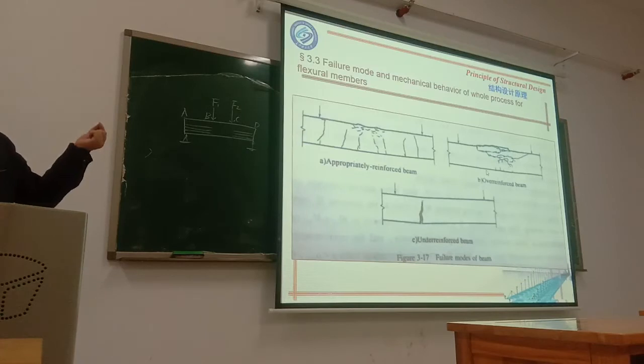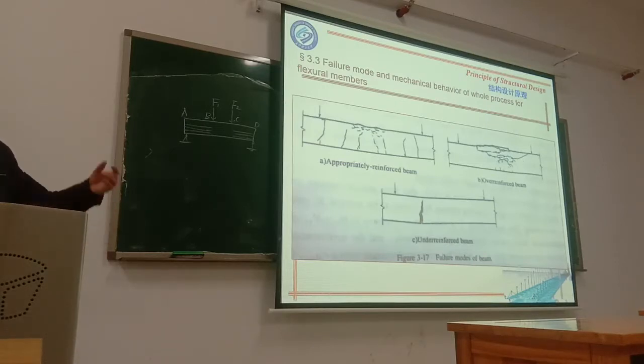You just use a little part of the tensile strength of the steel. So this failure belongs to the brittle failure, breaking suddenly. The concrete is crushed suddenly. You have no time to react.